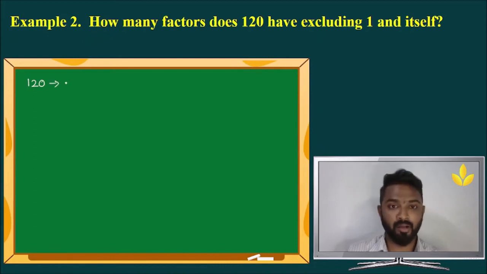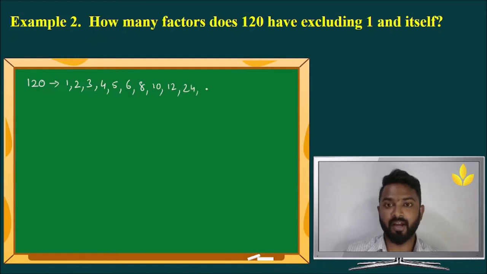Let's start from 1. 1 is a factor of 120. 2 is a factor of 120. 3 is a factor. 4 is a factor. 5 is a factor. 6 is a factor. 8 is a factor. 10 is a factor, 12 is a factor, 24 is a factor, 48 also is a factor, 60 is a factor, 120 is a factor.